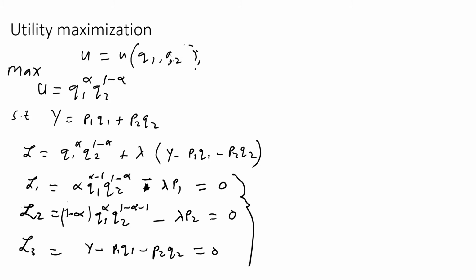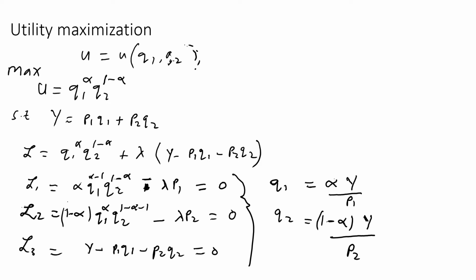Now when we solve these three equations for q1 and q2, what we got was q1 equal to alpha y over the price of the first good, and q2 equal to 1 minus alpha into y over p2.